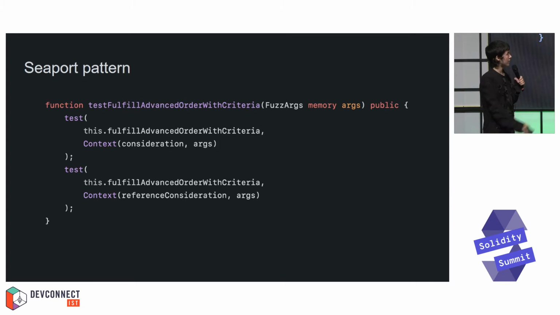So here the context struct provides the target contract. Here the consideration is the final and the reference consideration is the reference. And it provides the same arguments to the function. You can also see this wrapper, this test function is kind of a wrapper around it, and we're going to dig a little bit deeper into that in a second.